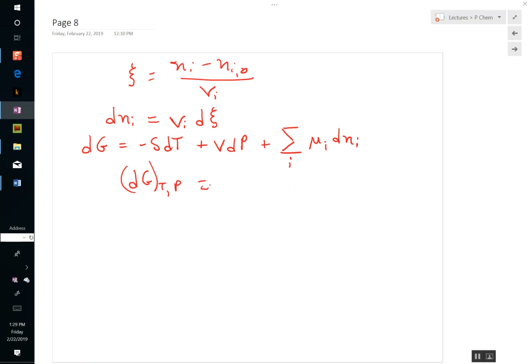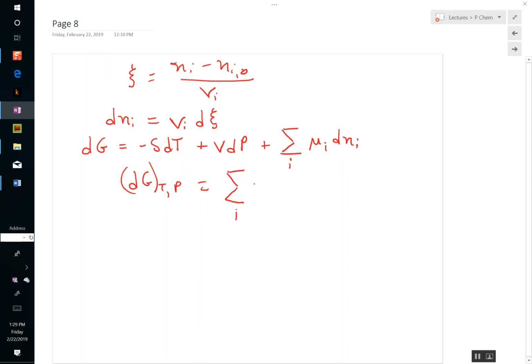And we substitute this for dn_i, we get that this equals, and if you were Greek, you would love this, there's enough of the Greek language right there. Now, there's no i after this because, remember, it doesn't matter which species you look at, you get the same extent of reaction.